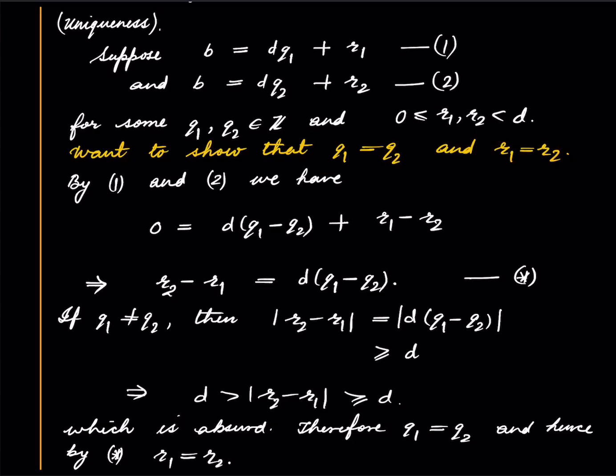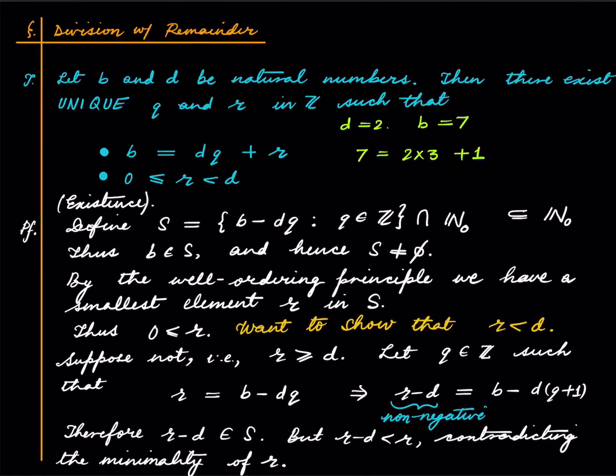So this proves uniqueness of the decomposition. So once again, given positive integers b and d, there are unique integers q and r with these two properties. There is such a pair q and r, and there is only one such pair. Alright, so this is called division with remainder, and this is all that I wanted to say in this lecture.